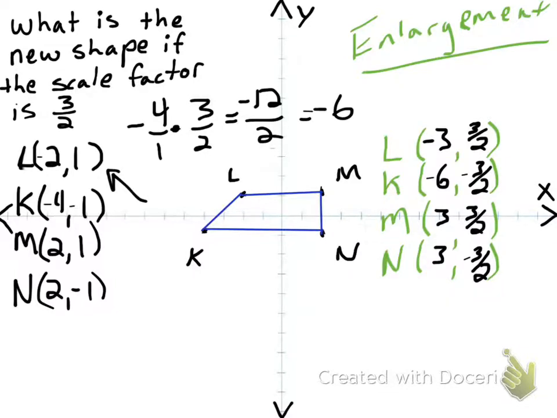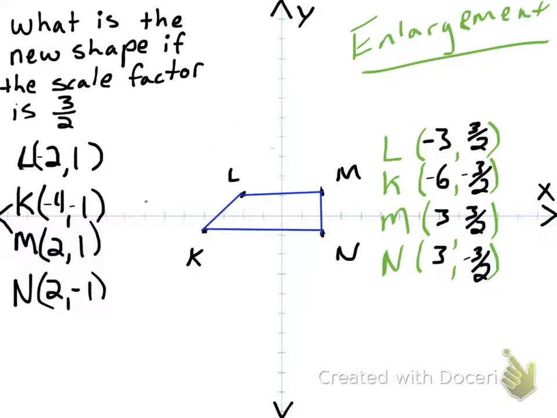Alright, now that we have all of our new points, we can draw our new graph. So negative 3 and 3 over 2 would be negative 3, 1, 2, 3. And 3 over 2 is 1.5. So that means I go up 1.5 to right here.